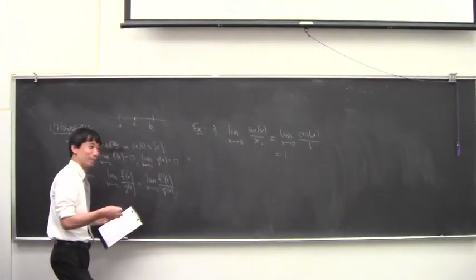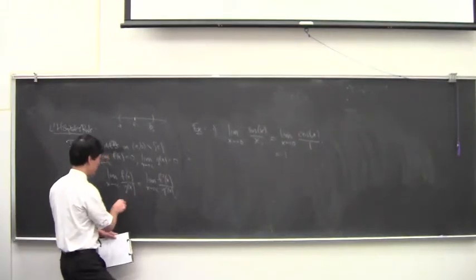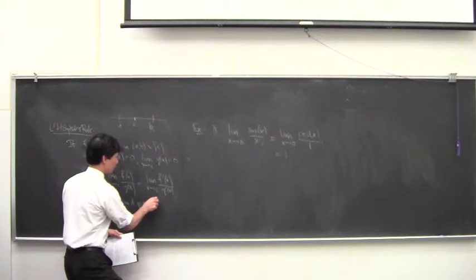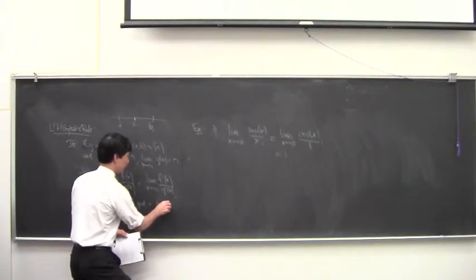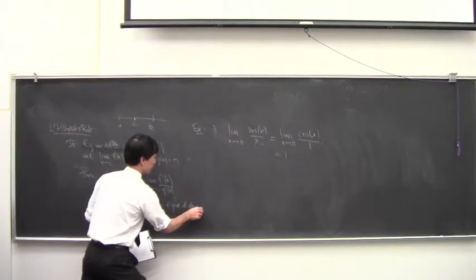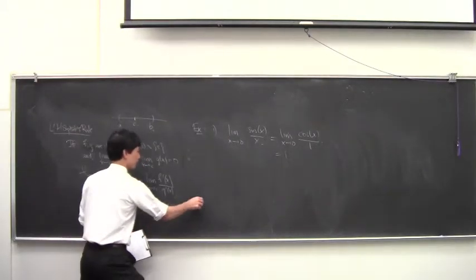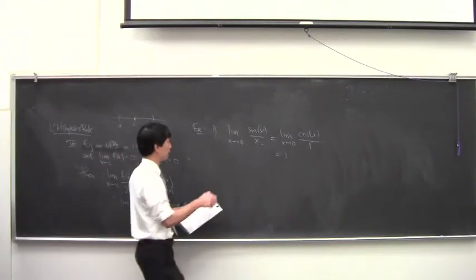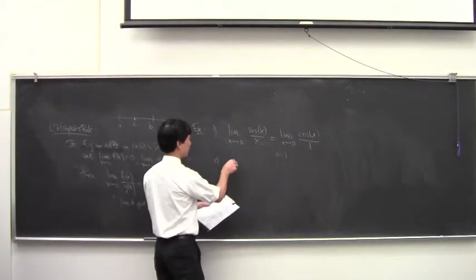Does that make sense? This is the limit of the quotient equals the limit of the quotient of derivatives.